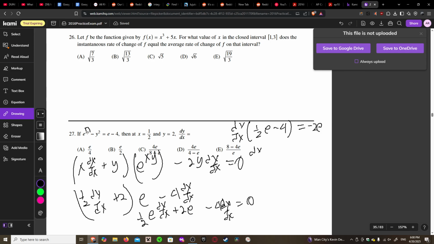Which means dy dx is equal to negative 2e over 1/2 e minus 4.